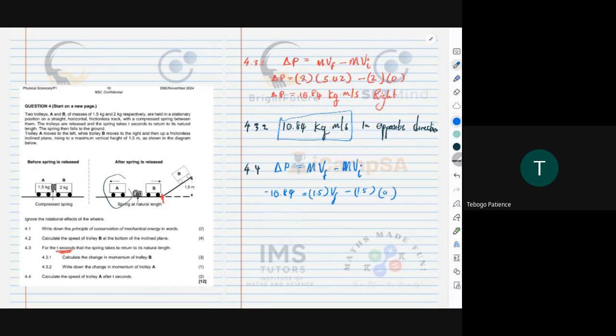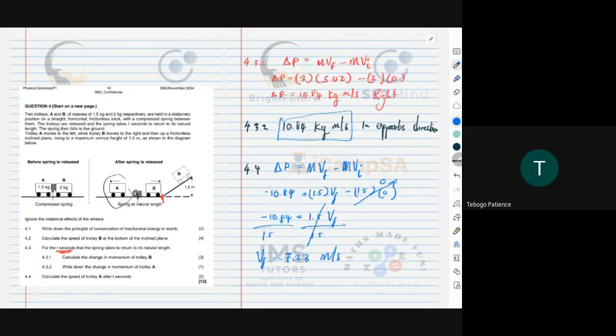Then this goes away. We are left with 10.84 equals to 1.5 VF. Divide both sides by 1.5, and this goes away to 1. Then VF equals to 10.84 divided by 1.5, which is 7.23 meters per second.